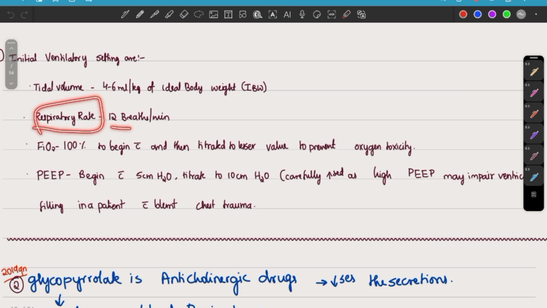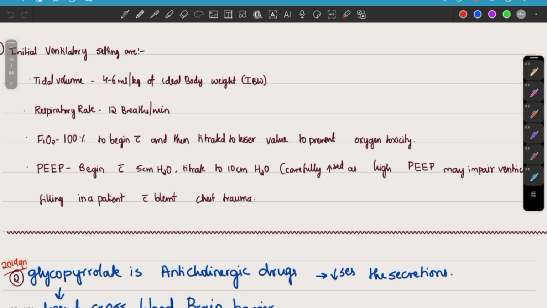Respiratory rate is 12 breaths per minute, that is fine. FiO2 is 100% to begin with, then titrate to a lesser value to prevent oxygen toxicity.